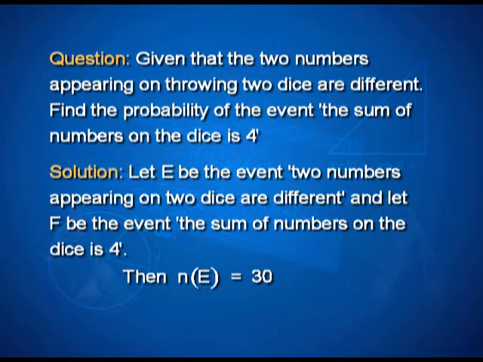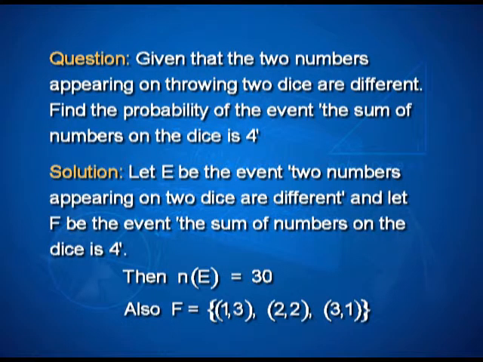F, as I represent in the roster form, sum of numbers on dice is 4. There are only 3 possible outcomes. Out of these 3, how many would happen if E is known to have occurred?